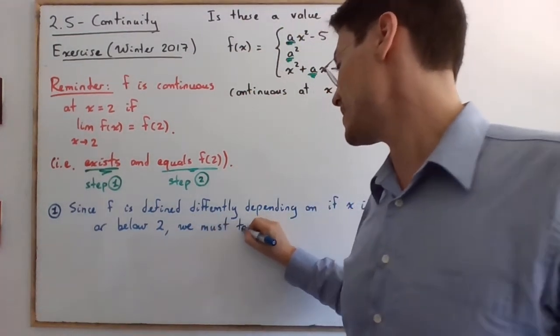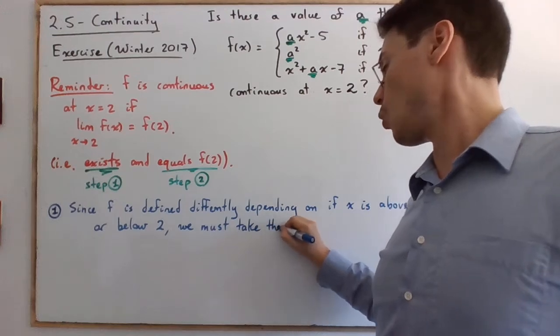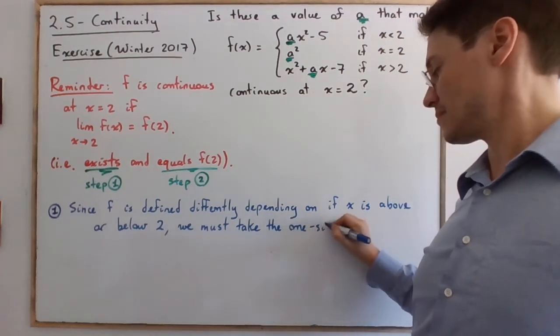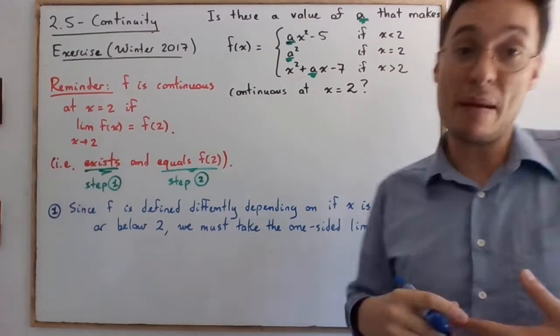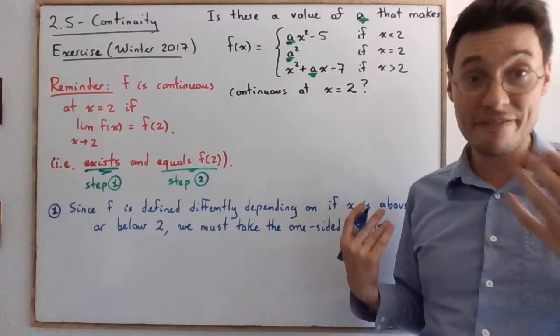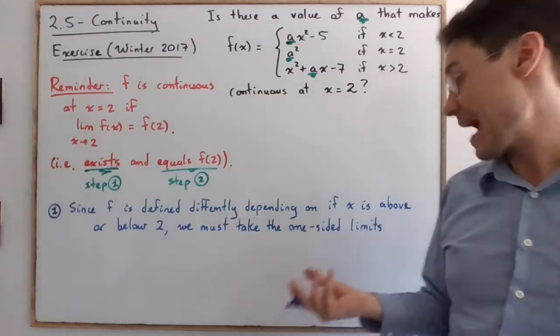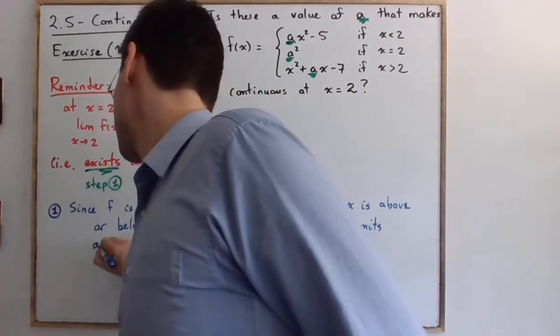We must take the one-sided limits. And remember that the limit exists only if these one-sided limits match. So, let's see if they match.